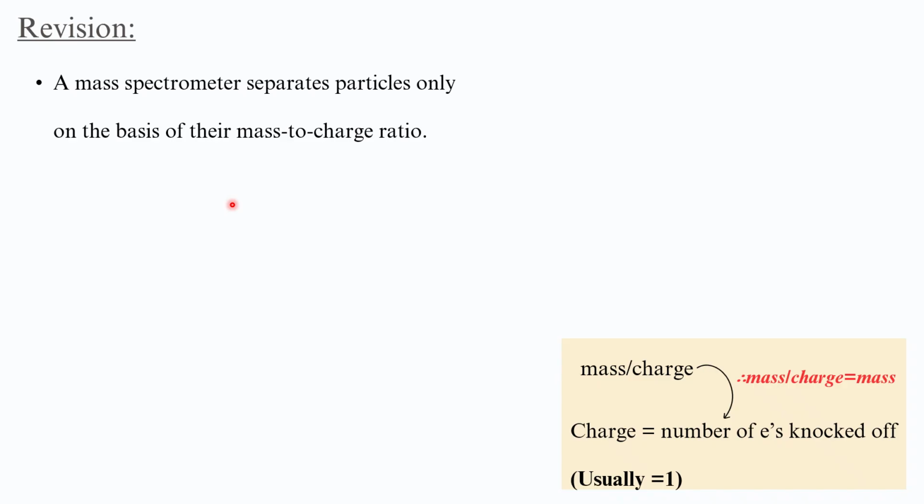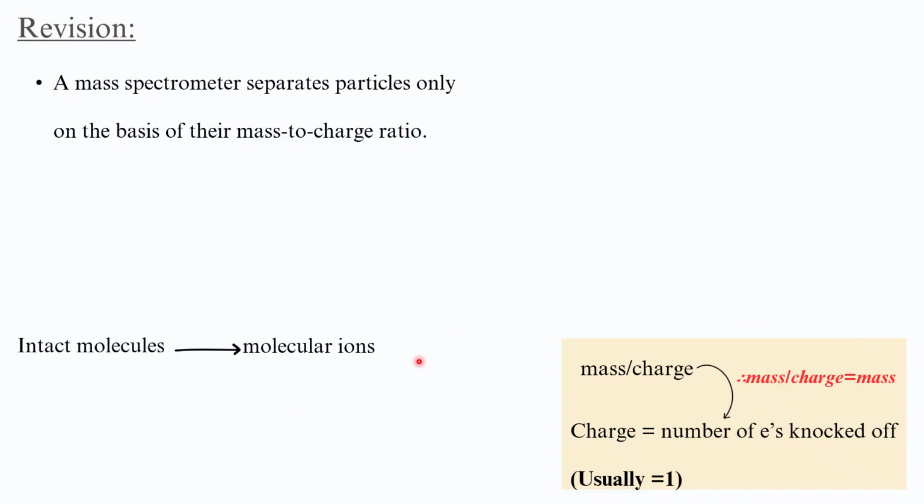Now always remember that this is not going to be the case where you have more than one electron getting lost from the main compound, because if there is more than one electron, then we have to calculate the mass to charge ratio, and hence it will not be equivalent to the mass of that particular compound.